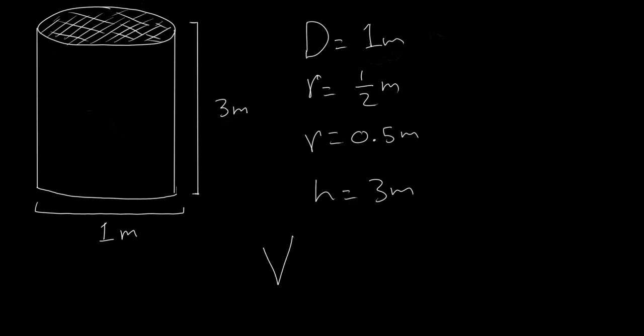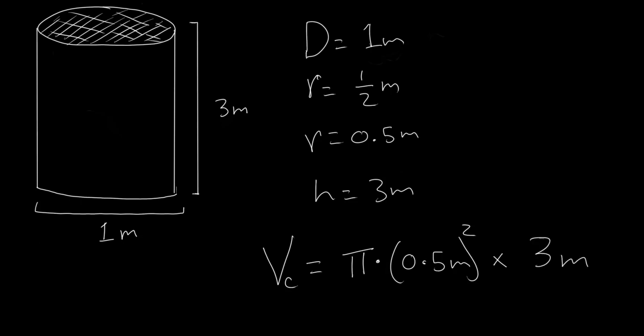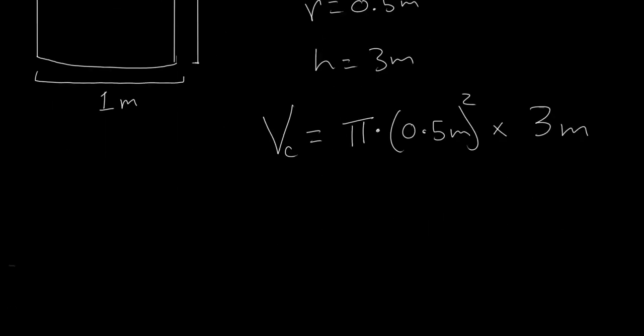So the volume of this cylinder is equal to pi multiplied by the radius, 0.5 meters squared, multiplied by the height, which is 3 meters. Perfect.